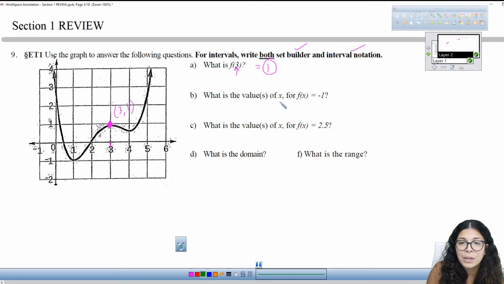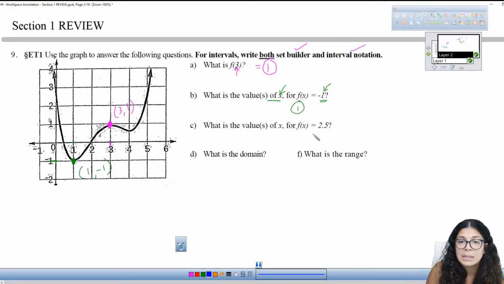For what value of x is f of x equal to -1? So I'm looking for the input where the output is -1. So, okay, a y value of -1 is here, right? So if I follow that over to the graph, here's that point. So the y value of -1 has what input? Well, x value of 1.